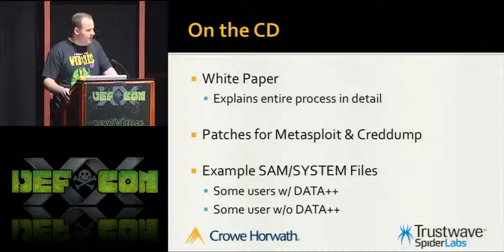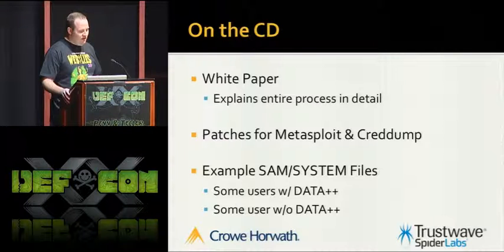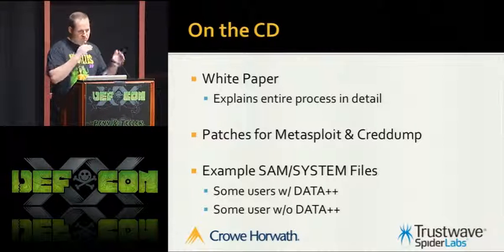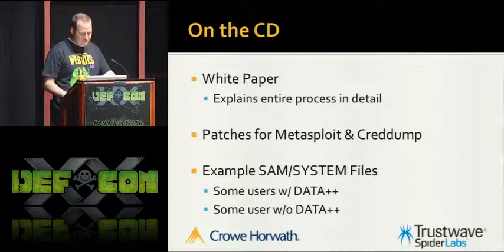So on your DEFCON CD, there is a white paper. It goes into a ton more detail about how you actually extract these hashes out of the registry. We didn't want to create a new tool, but we did want to provide a blueprint for how this stuff works. So you can take a registry extracted value and peel it all the way back down to the hashes using the white paper that we described.